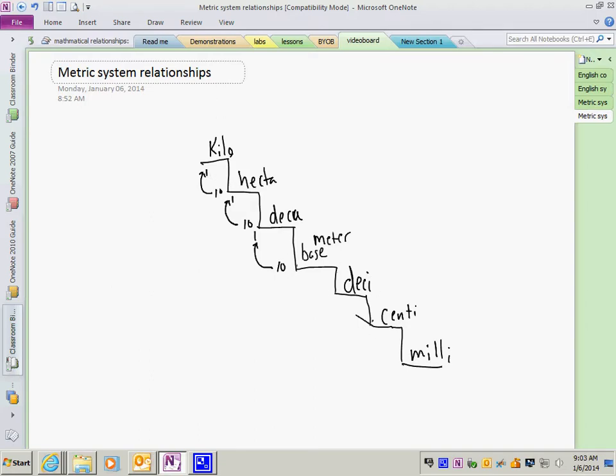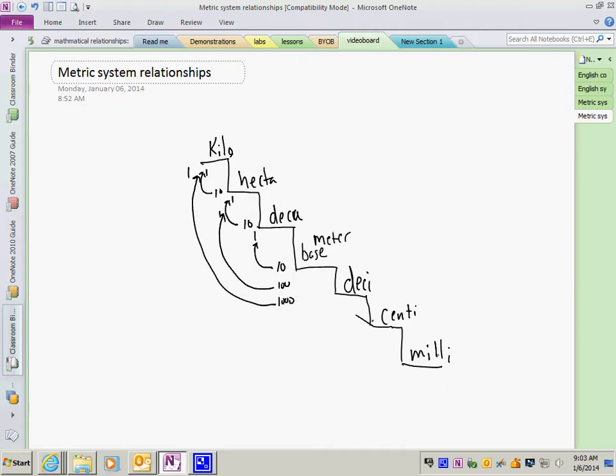How many meters are in 1 hectometer? Well, 100 meters are in 1 hectometer, and there are 1,000 meters in 1 kilometer. So based off powers of 10, all we do is multiply by 10 or add a 0 every time you go up a step.